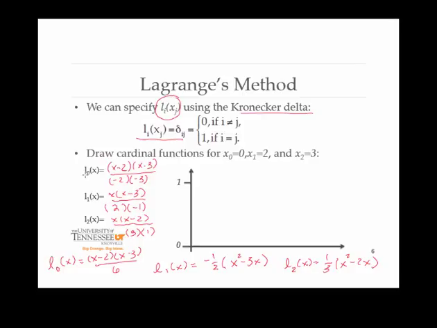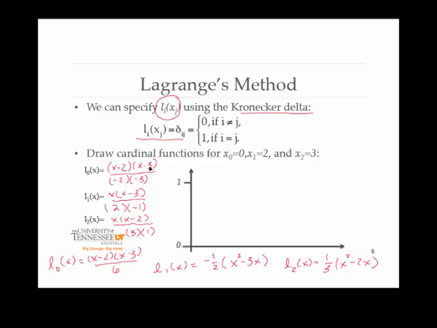Again, the numerator term will involve subtracting from x all the other x coordinates other than the 0th one. So in this case, we'll have x minus x1 times x minus x2, and then we plug in x0 into those for the denominator term and evaluate those numbers. So you'll have 0 minus 2, hence minus 2. We'll have 0 minus 3, hence minus 3.